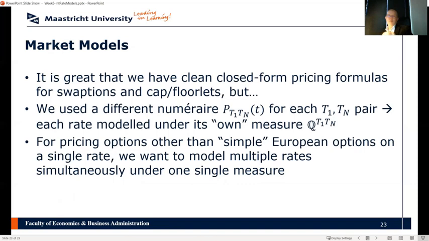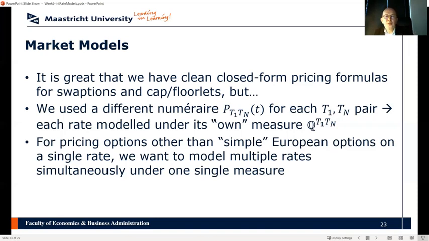So now I'm going to move to the next step, and I'm basically going to bring all these instruments together. It is really great that we have all these nice and clean closed form pricing formulas for swaptions with different T1, Tn combinations, and for cap and floor contracts with different T0, T1. But there is a but.